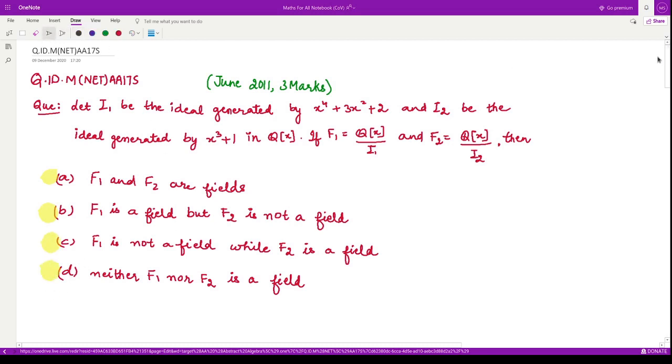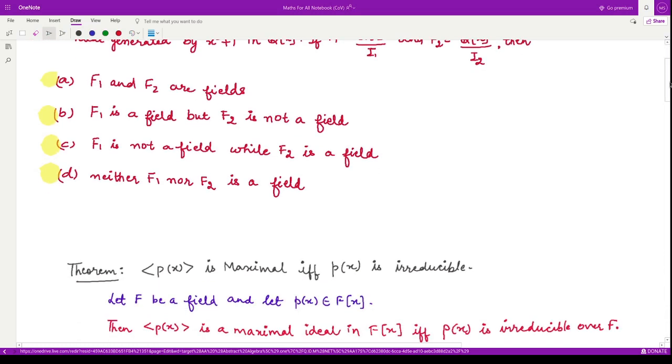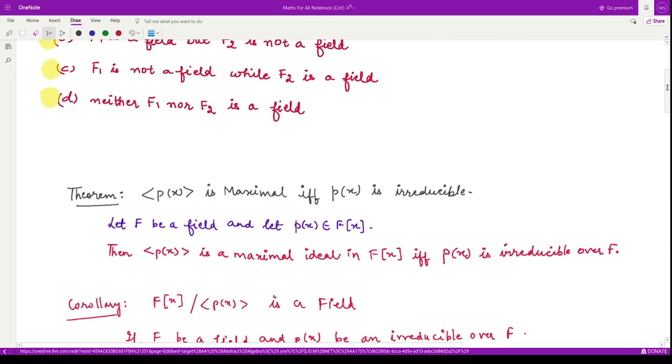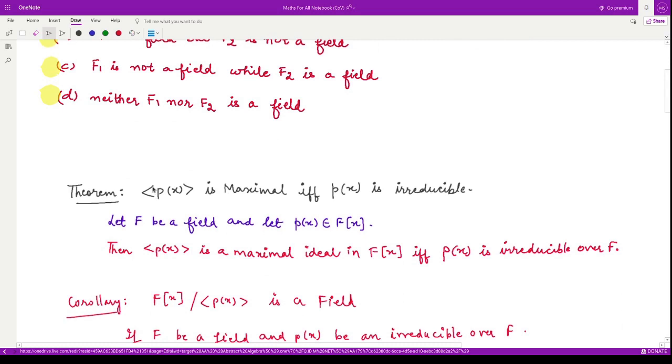Before that, let us have a look at the result. The result says that if p(x) is any irreducible polynomial, then the ideal generated by this polynomial is maximal, and vice versa.